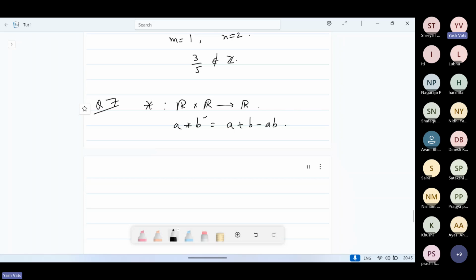Then you say: is star binary, is star associative, commutative, and is R with star a group? Just check these things.